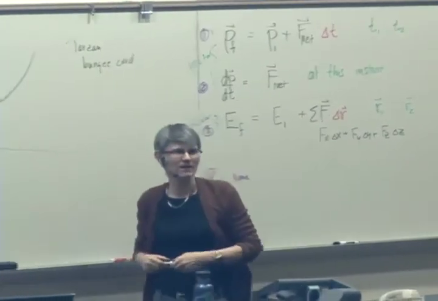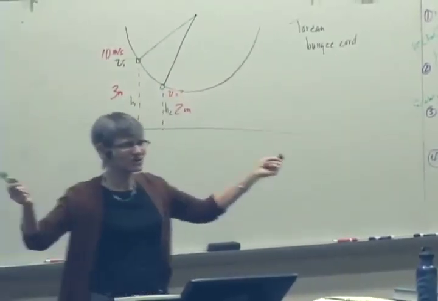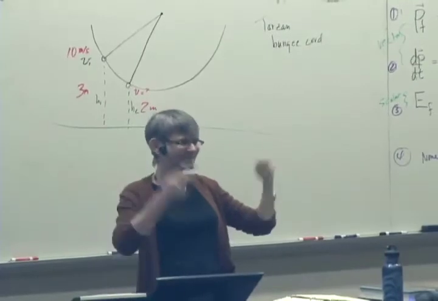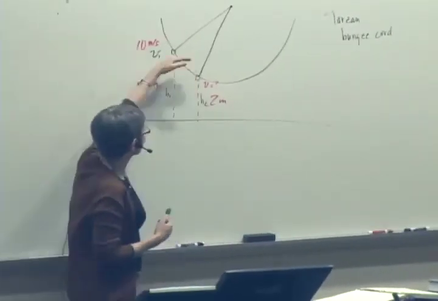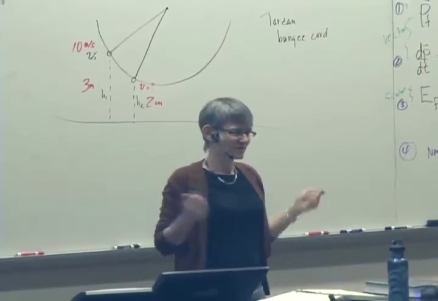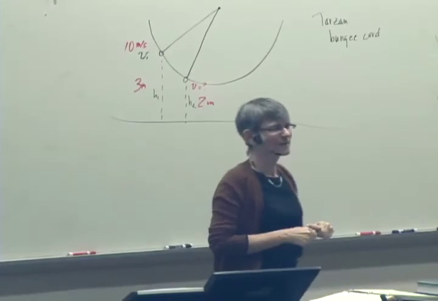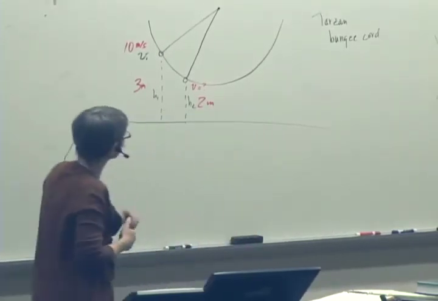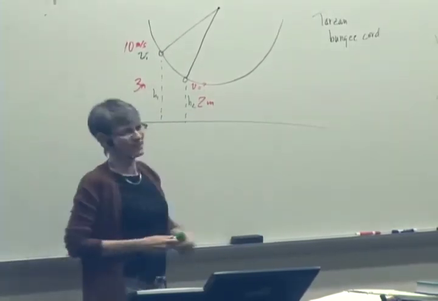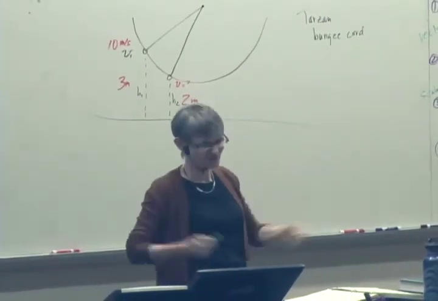Yeah, we're that high and we're that high. Is there something in the surroundings that might be doing work on Tarzan? The Earth. The vine. Well, it might do some work if it's stretching. So we have some energy things here.